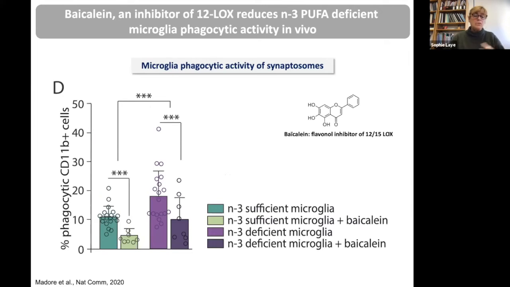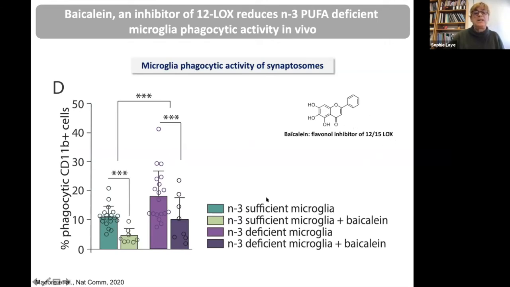So we were wondering whether 12-HETE, produced by microglia, could be important in activating this hyperphagocytic activity, and maybe play a role in memory impairment and the synaptic network impairment. So we administered in vivo to animals baicalein, a flavonoid inhibitor of the enzymes involved in the synthesis of 12-HETE.